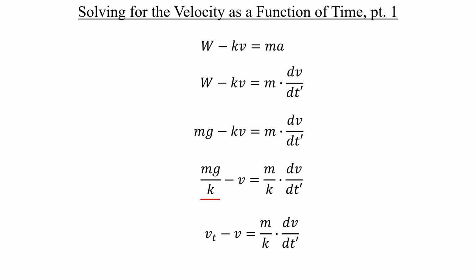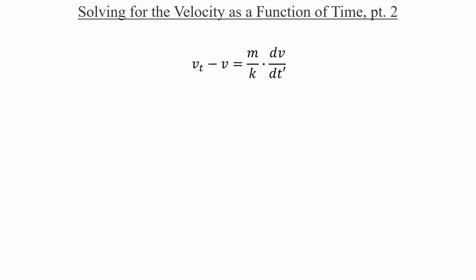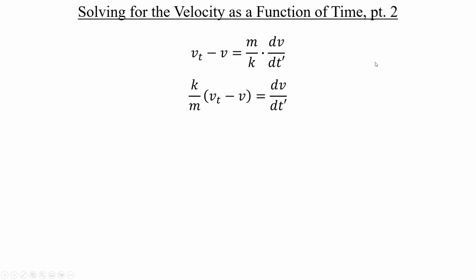I'm going to bring that expression onto a fresh page and prepare our next step. Well, two steps together, in fact. We're going to divide both sides of the expression by m and multiply both sides by k. That way we'll end up with dv over dt prime isolated on the right-hand side.